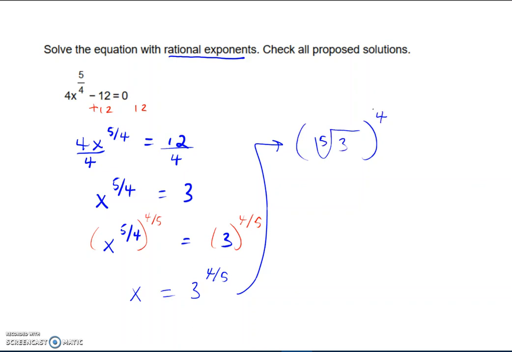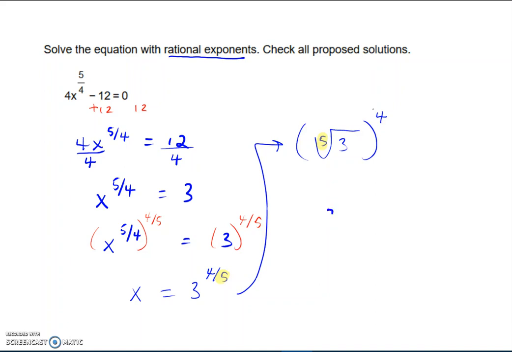The way that worked was whatever the denominator of the rational exponent is became the index of the radical. And the 5th root of 3 is not a rational number. So if we did that, we would get a decimal that never stopped, a non-repeating, non-terminating decimal. So we don't want to leave the answer in decimal form.